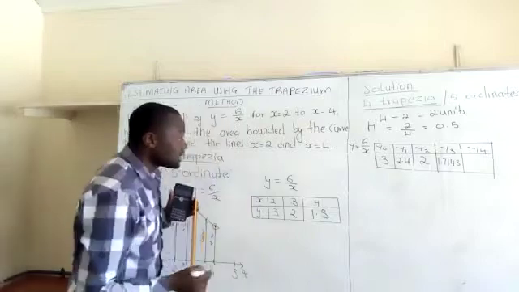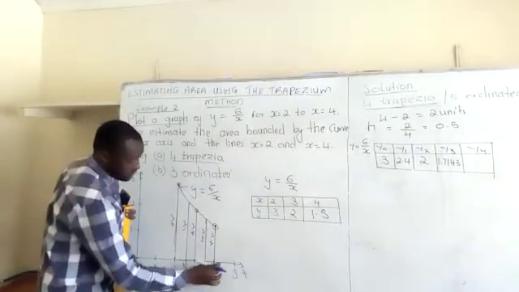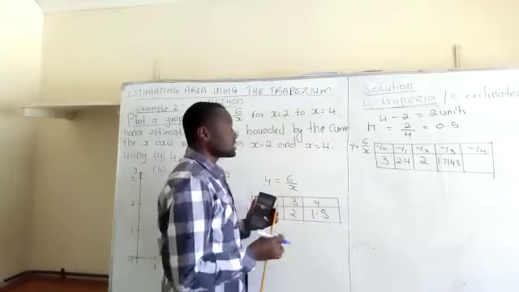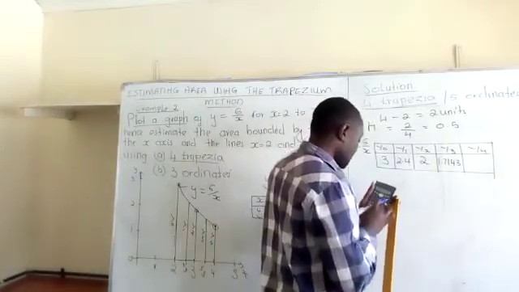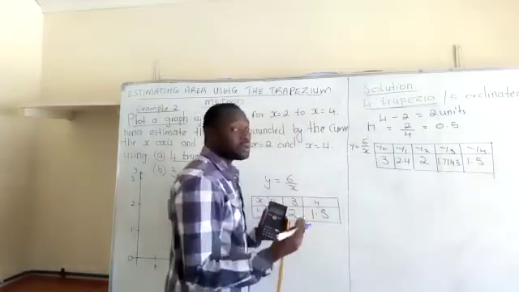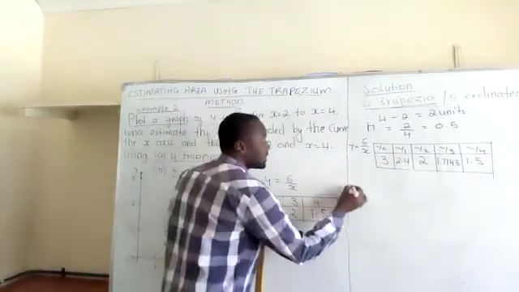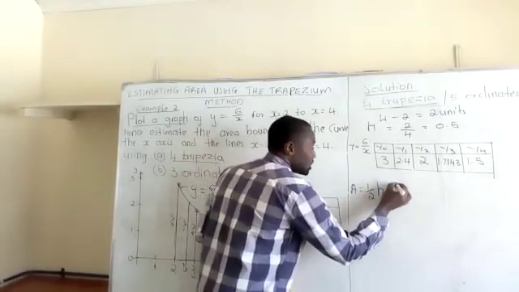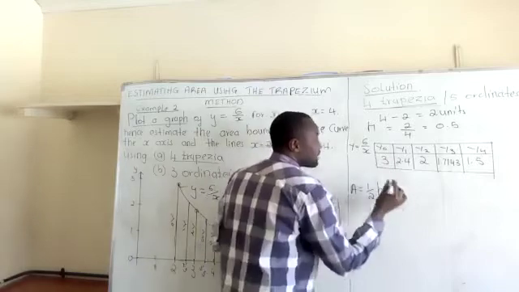And finally, when x is 4, the fifth ordinate will be 6 divided by 4, which is 1.5.